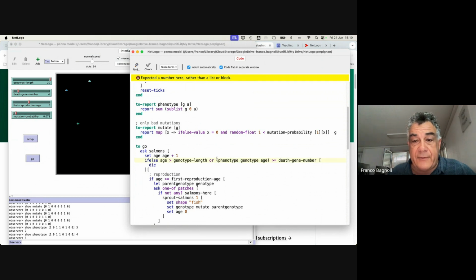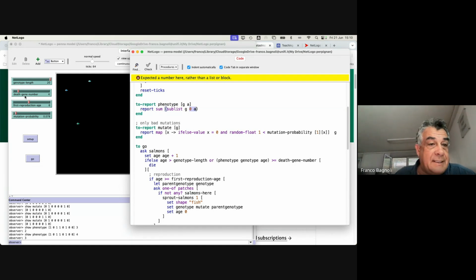And this function is very simple. It takes the list from 0 up to the age. I'm passing here genotype and age, and it sums the number of ones. So essentially, it counts the number of active genes which are 1, from 0 up to age A.